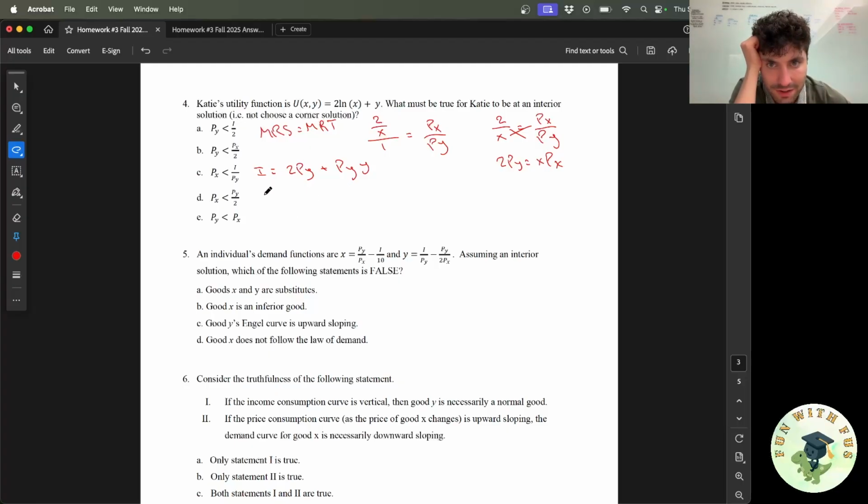Oh wait, what must be true at a corner solution? I'm looking at the answer choices and we got a mixture of them. So I'll go down this rabbit hole and see where it takes me.